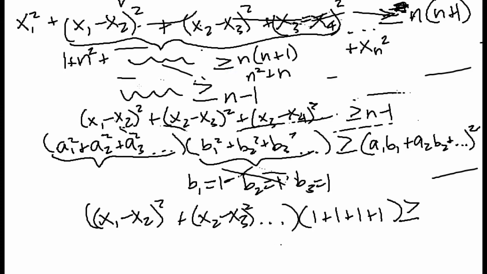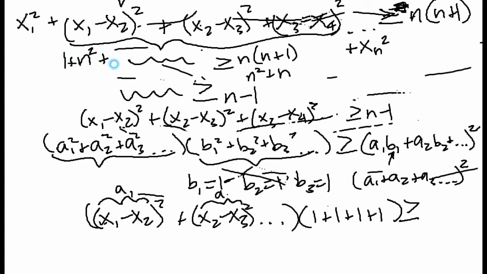Well, this is just a1 b1 plus a2 b2, and since b is equal to 1, that's just going to be a1 plus a2 plus a3, squared. And since we know that a in this case is just x1 minus x2, a2 and so on, we just add them together.